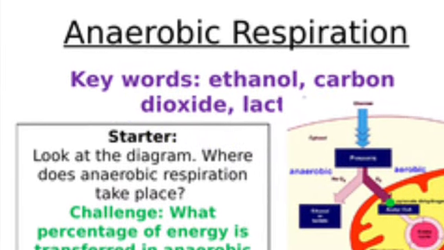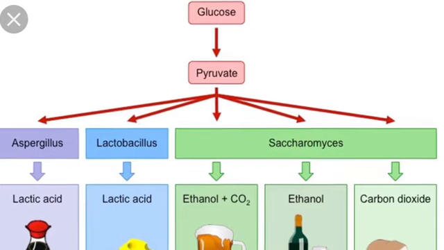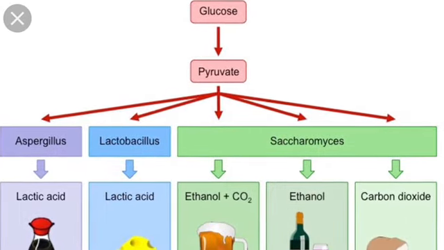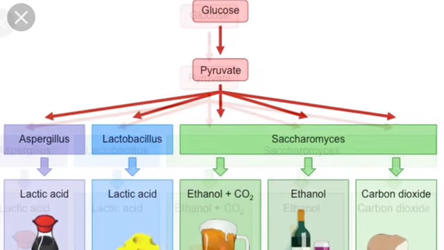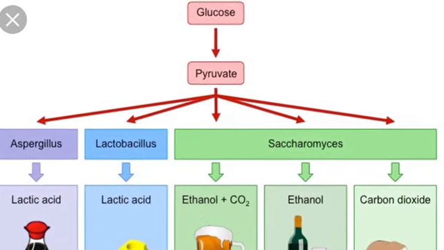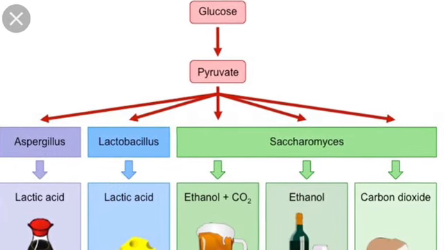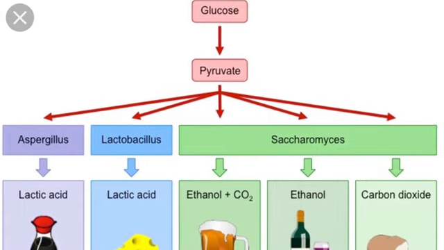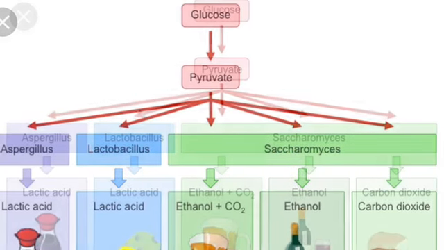It happens in the cytoplasm, and there are 2 types of anaerobic respiration, and that's lactic acid fermentation and alcohol fermentation. So often anaerobic respiration is used interchangeably with fermentation. So if you see a reference to fermentation, you know that we're talking about anaerobic respiration.